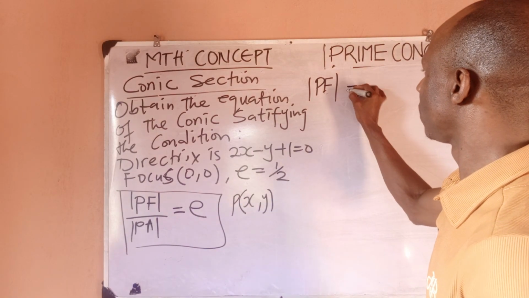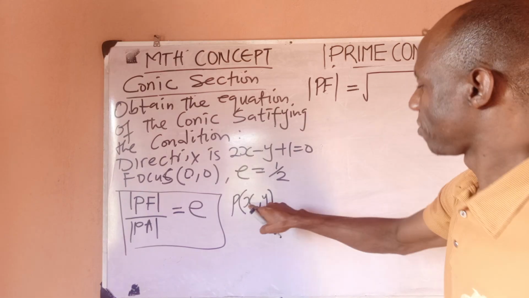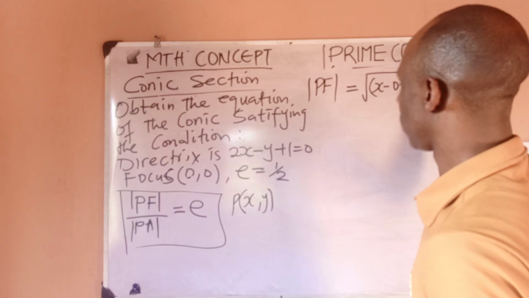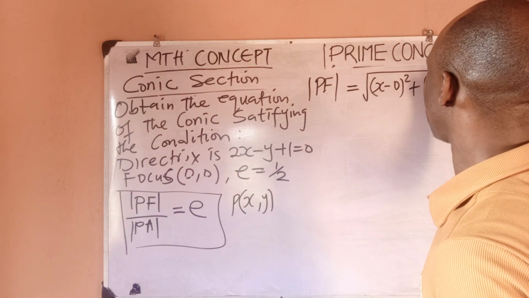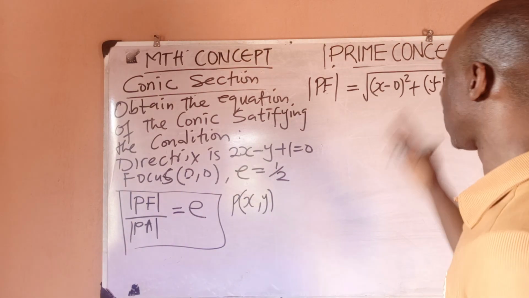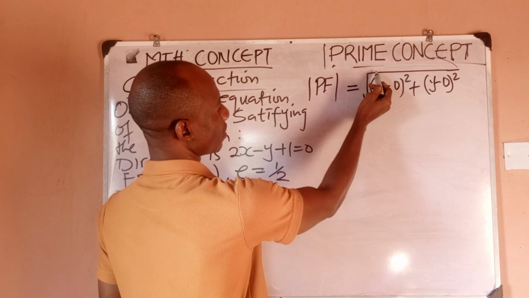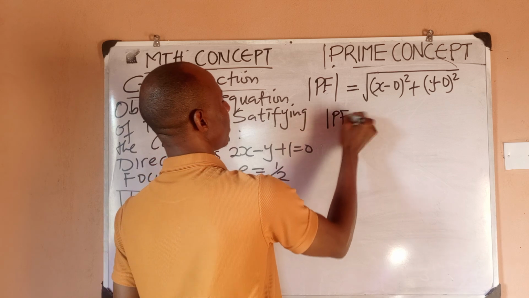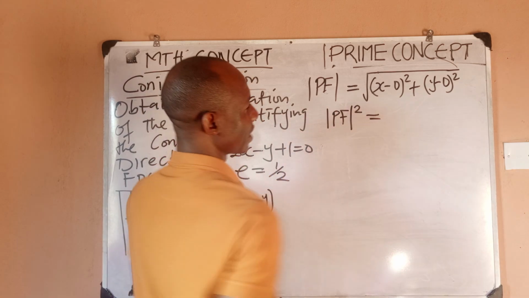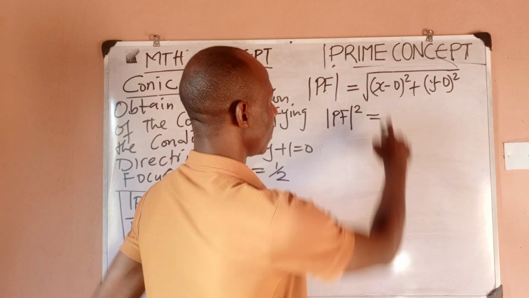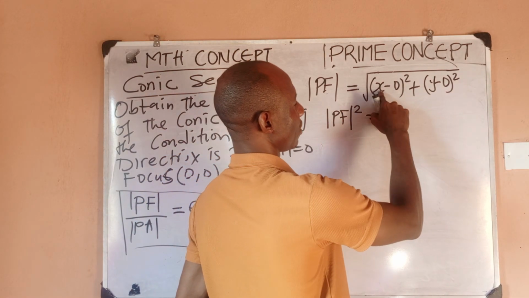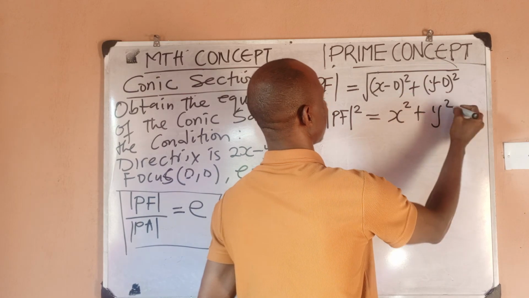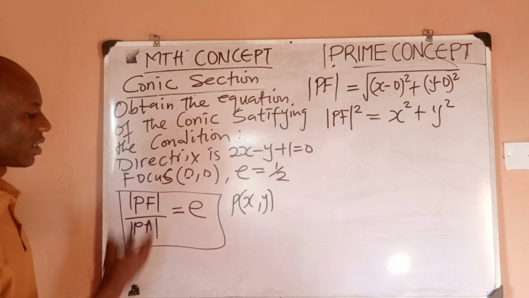It's going to be the square root of (x minus 0) all squared plus (y minus 0) all squared. One of the things I want to do is take this square root to this side, so I would have PF all squared. In this case, I won't need the roots at this point again. So x minus 0 is x, then you have x squared. y minus 0 is y, then you have y squared. So this is what I have. I'm doing this for a reason, right?